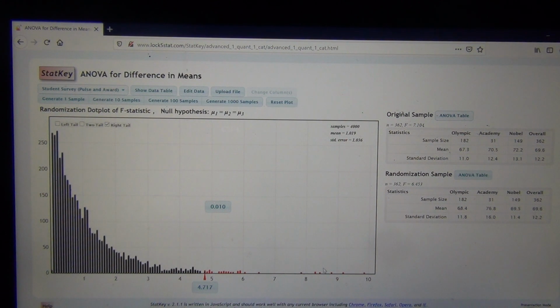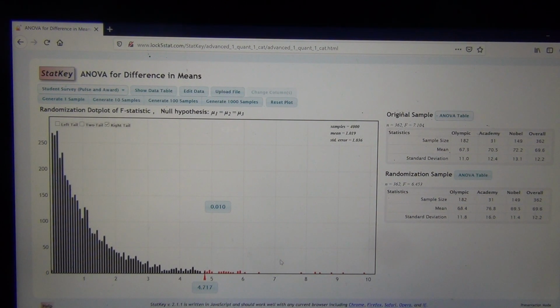Well, let's look at our original sample F. Our original sample F was 7.104, which definitely is falling in the tail, right? So it definitely is falling in the tail determined by the critical value. That means our sample data does significantly disagree with the null hypothesis, and also means our variance between is significantly higher than the variance within.